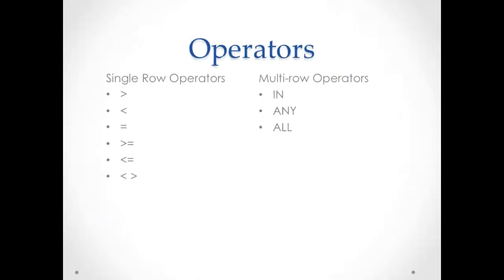There are operators you can use. There are single row operators and multi-row operators, but let's just concentrate on the single row operators. So I might say I'm a primary care physician and I'm looking at my patients, and I want to know all my patients that are not in good blood pressure control.